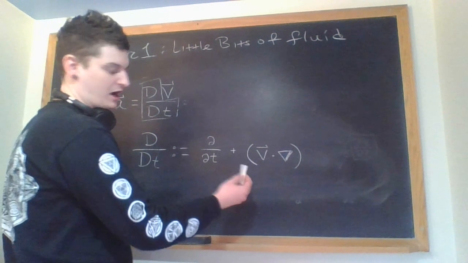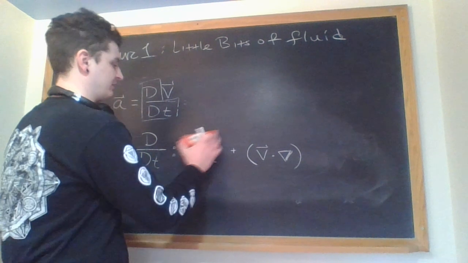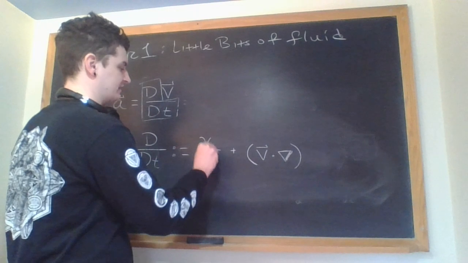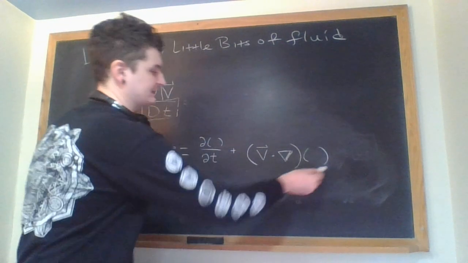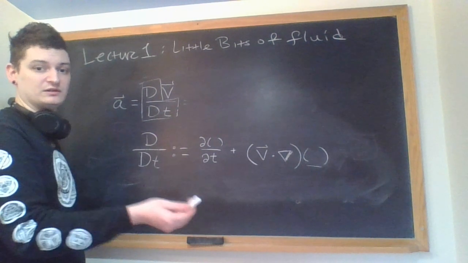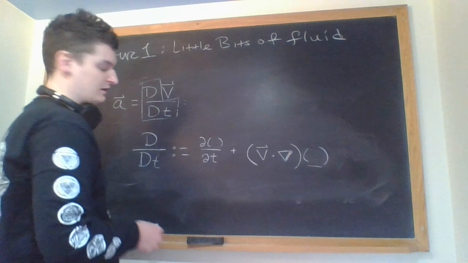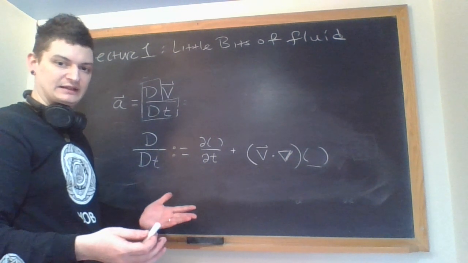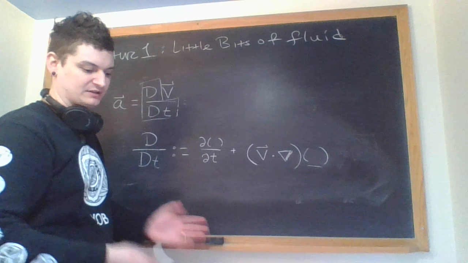Some people write it like this, and you have it in the notes. It's an operator, so it's waiting to accept something, and then it will do a differential operation onto it. That's what the material derivative is, and in the next video I will describe some behaviors of it.